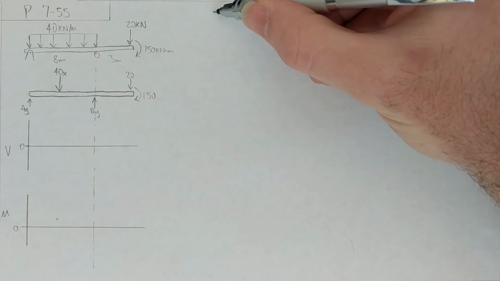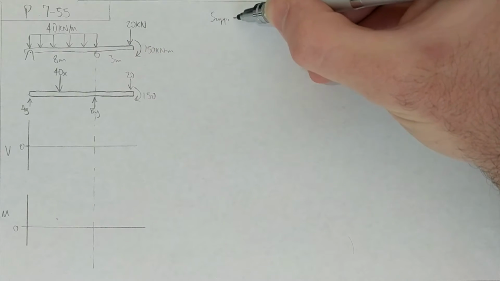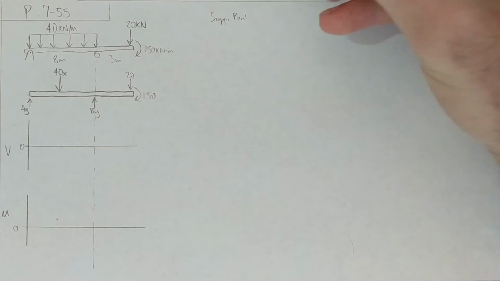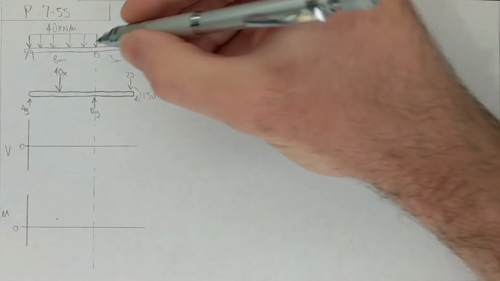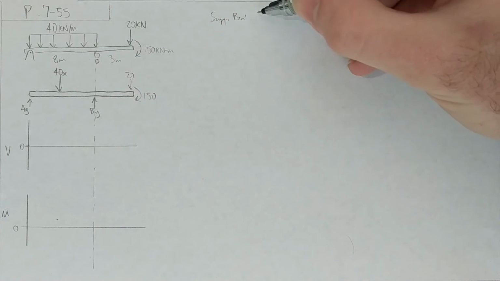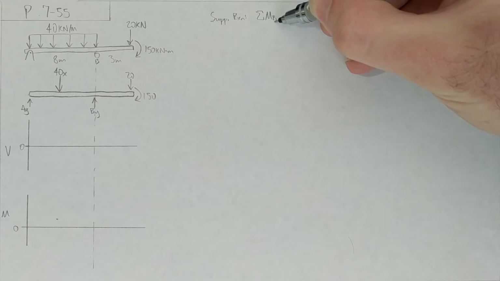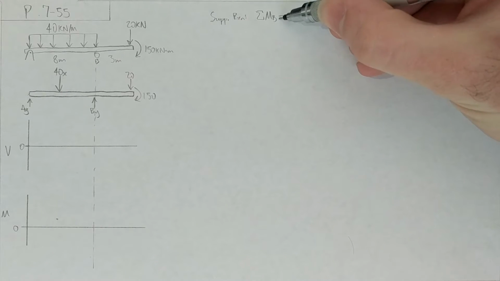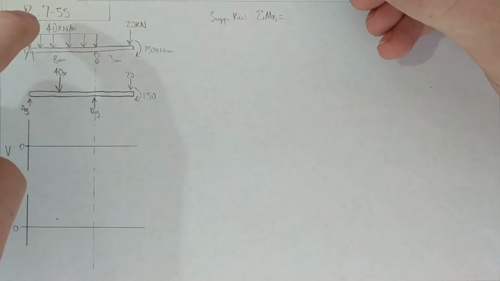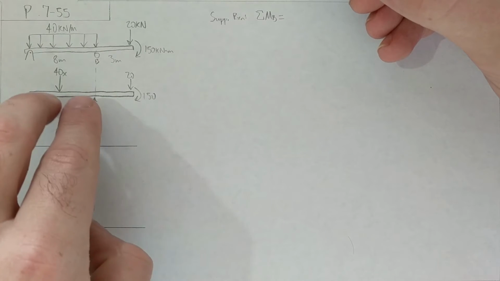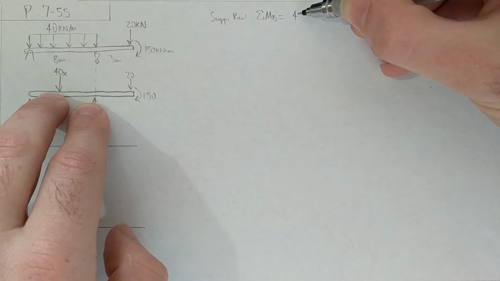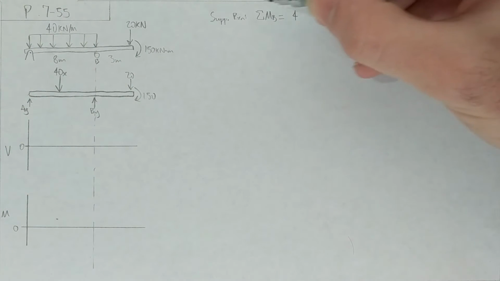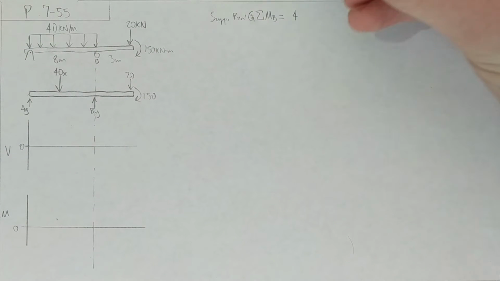Okay, so support reactions. Let's sum moments about B. This is point B here. Summing our moments about B, we get 40 times 8 is 320 applied 4 away. This is turning it counterclockwise.